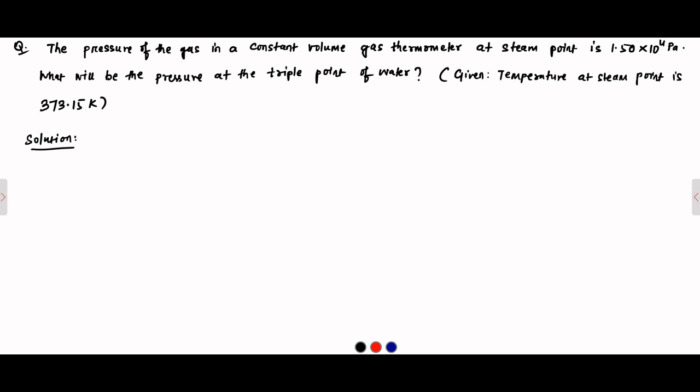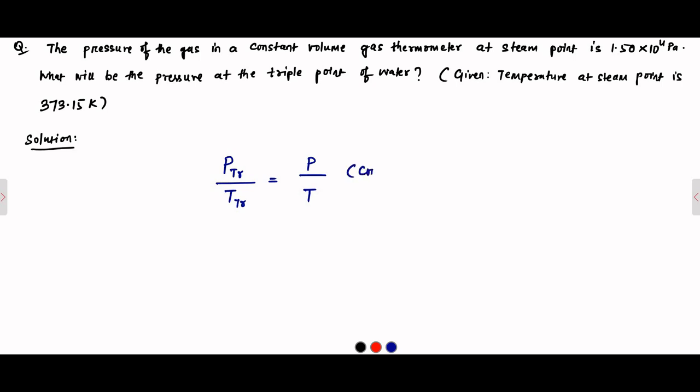If you remember, we discussed an important relationship with respect to the triple point of water: in a constant volume gas thermometer, the ratio of the pressure and temperature at triple point is equal to the ratio of pressure and temperature at any other value. Let's say T is any particular temperature and P is the pressure at that temperature at constant volume.